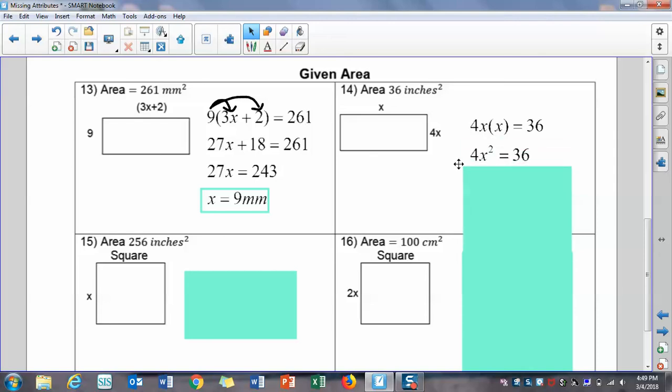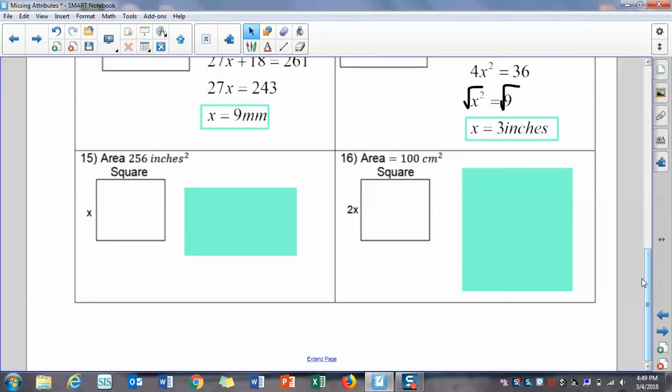We want to get rid of the 4 first, so we want to do the inverse operation, multiplying by 4 means dividing both sides by 4 to get x squared is equal to 9. Now we want to do the inverse operation of x squared, which would be to square root both sides. When we square root both sides, we get x is equal to 3.